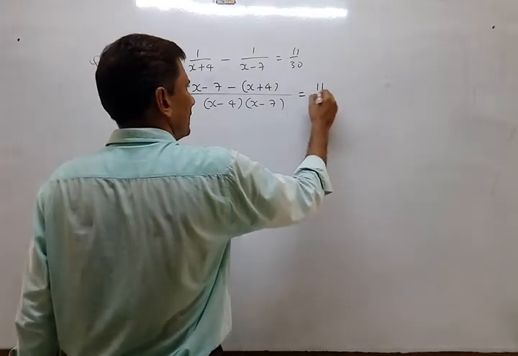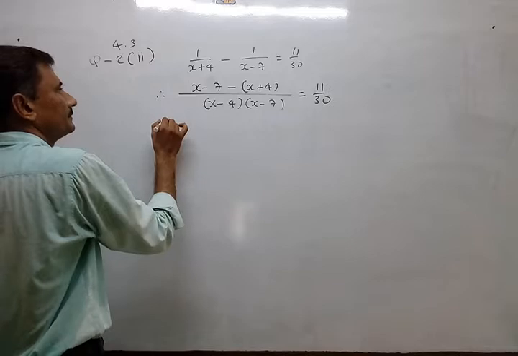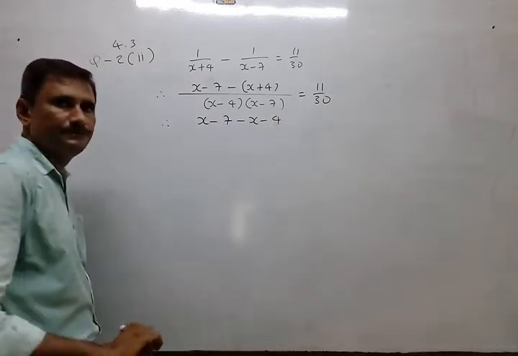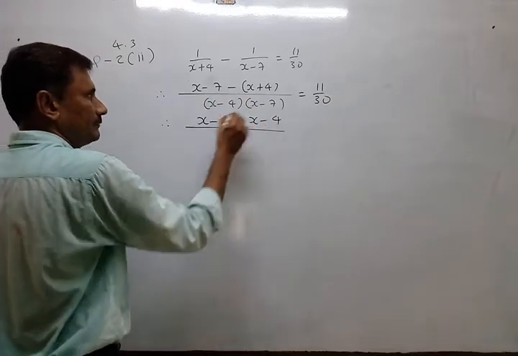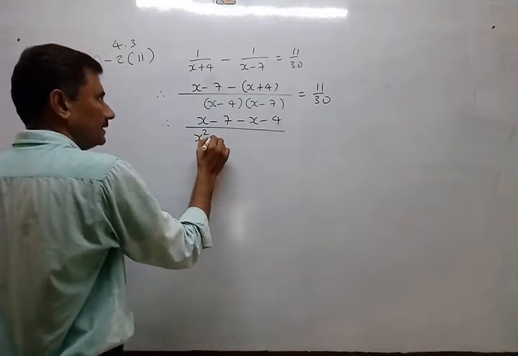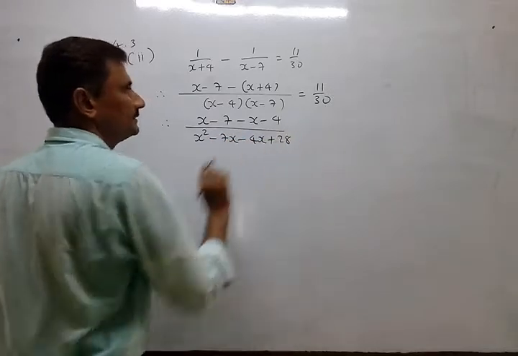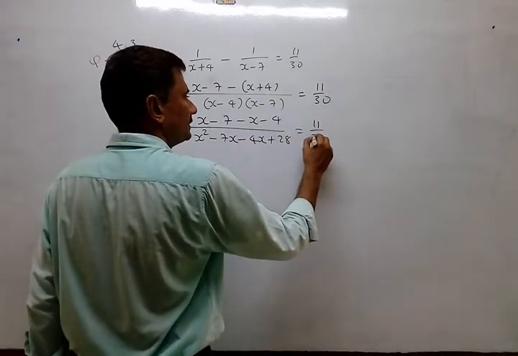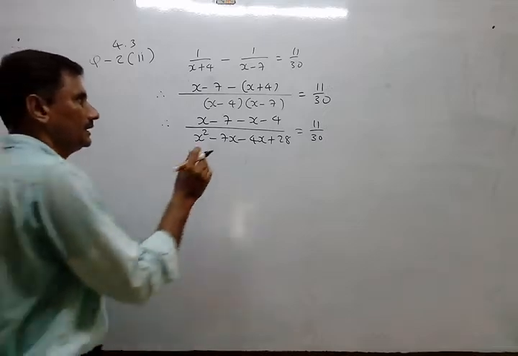is equal to 11 by 30. Now open this bracket. x minus 7 minus x minus 4. Now multiply, so by x I multiply both, so x square minus 7x minus 4x plus 28 is equal to 11 upon 30. Okay.